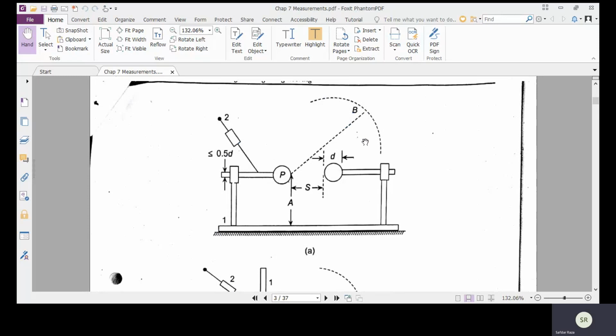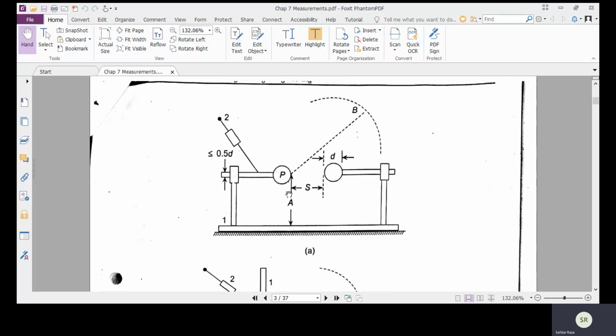Now what will happen whenever a breakdown occurs between the two spheres? The arc will be produced, and whenever the arc is produced, there is a danger that a fire will occur. In order to extinguish the arc, one arm of the electrode should be moved from the initial position.